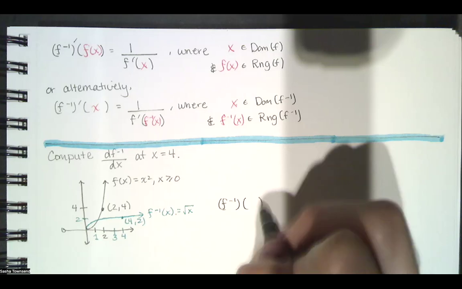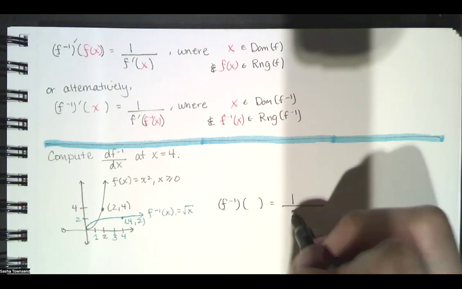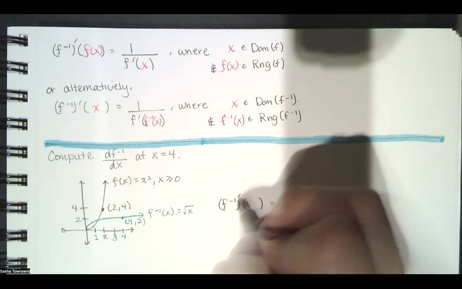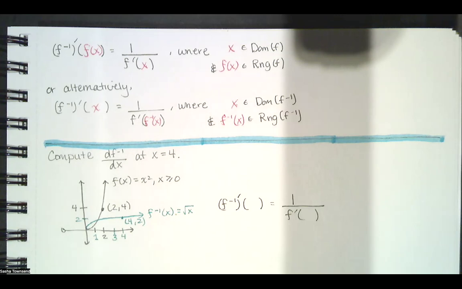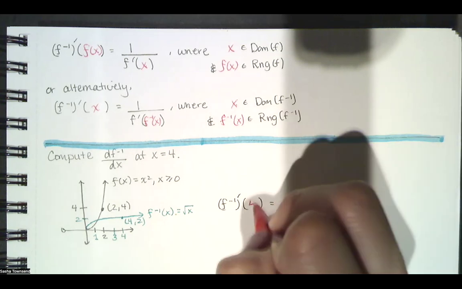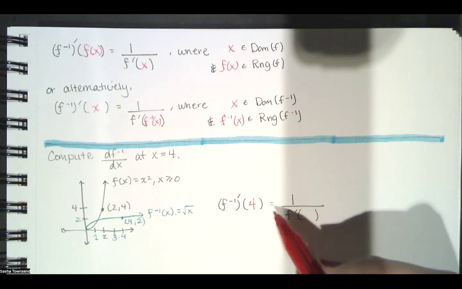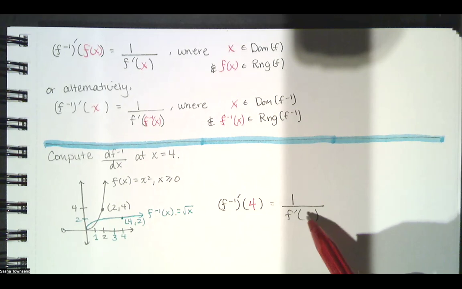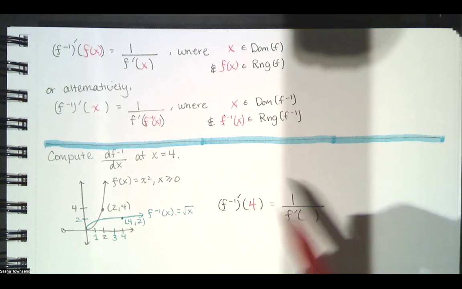Well, according to our formula, if I'm interested in the derivative of f inverse at x equals 4, I need to look at 1 divided by the derivative of f at the corresponding x value.